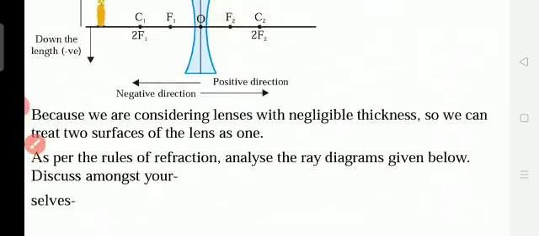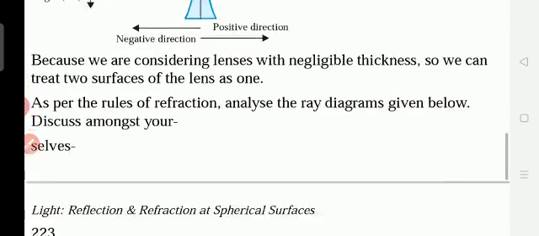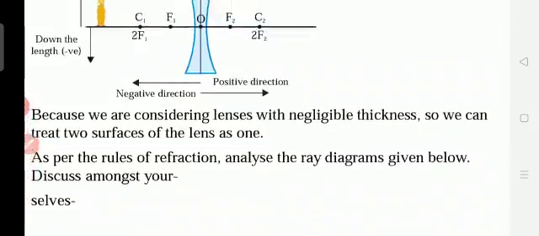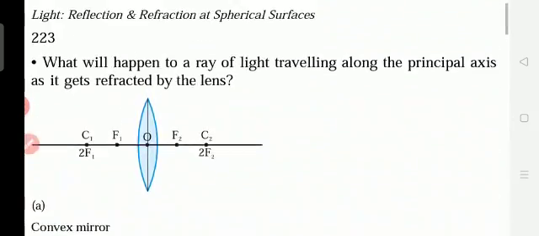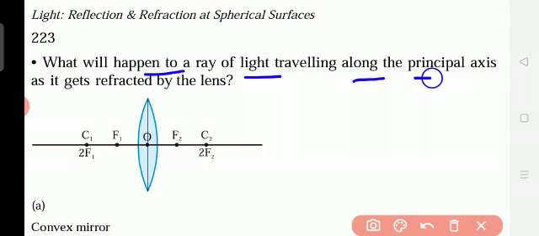And we also have some more rules. The first one: what will happen to a ray of light traveling along the principal axis as it gets refracted by the lens? Here the ray passes along the principal axis and afterwards it will be refracted.